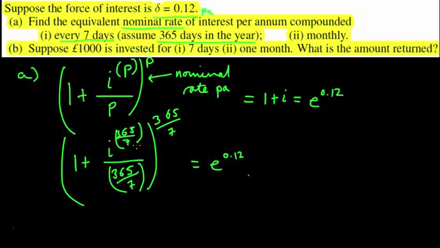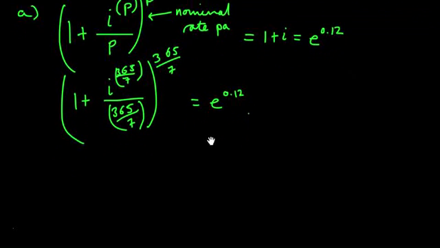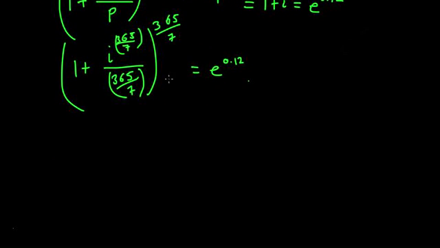So we need to find i, so we transpose this as you would anything else. This is the easy part. We take e to the 0.12 and, to get rid of the 365 over 7, put it to the power of its inverse, 7 over 365. So we have e to the 0.12 times 7 all over 365.